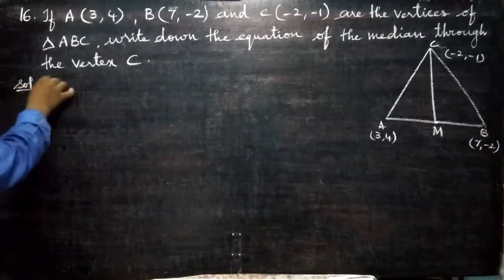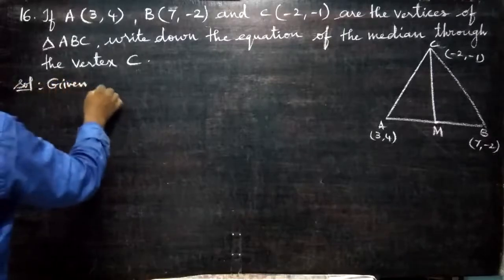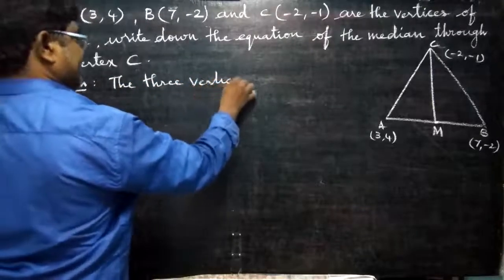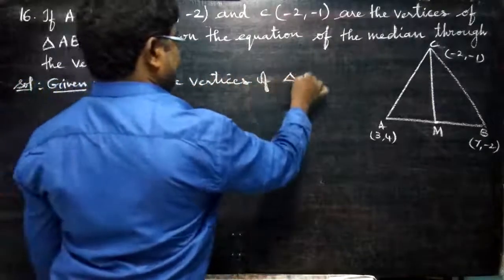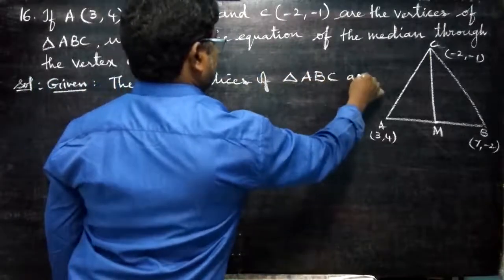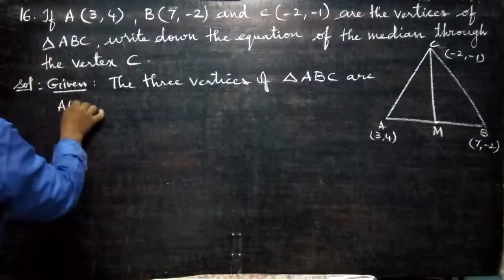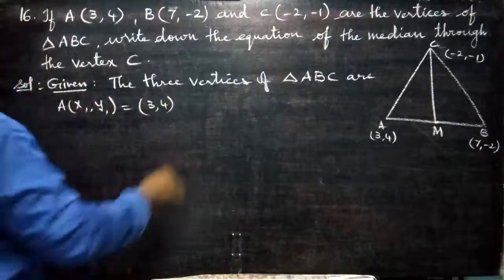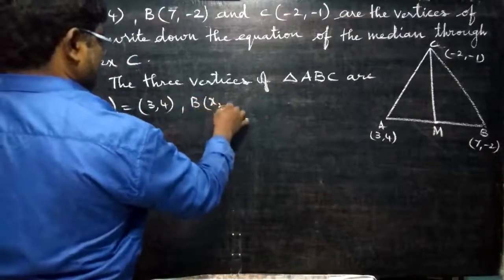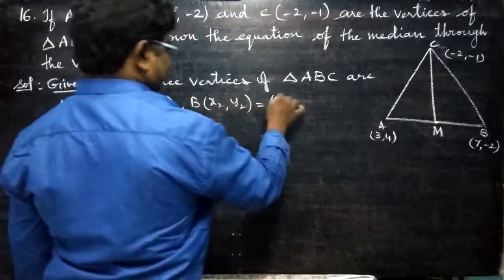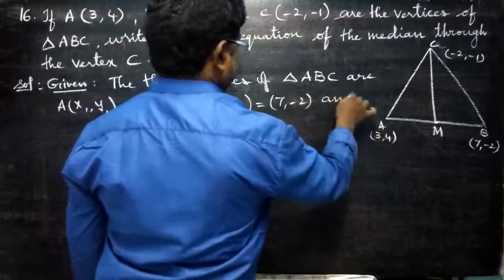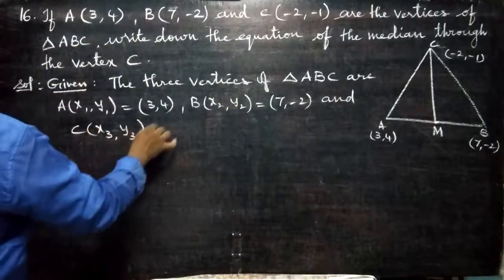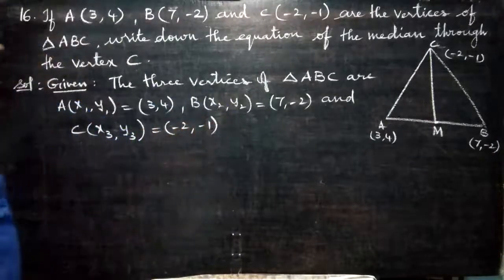Solution: given the three vertices of triangle ABC are A x1 comma y1 is equal to 3 comma 4, B x2 comma y2 is equal to 7 comma minus 2, and C x3 comma y3 is equal to minus 2 comma minus 1.